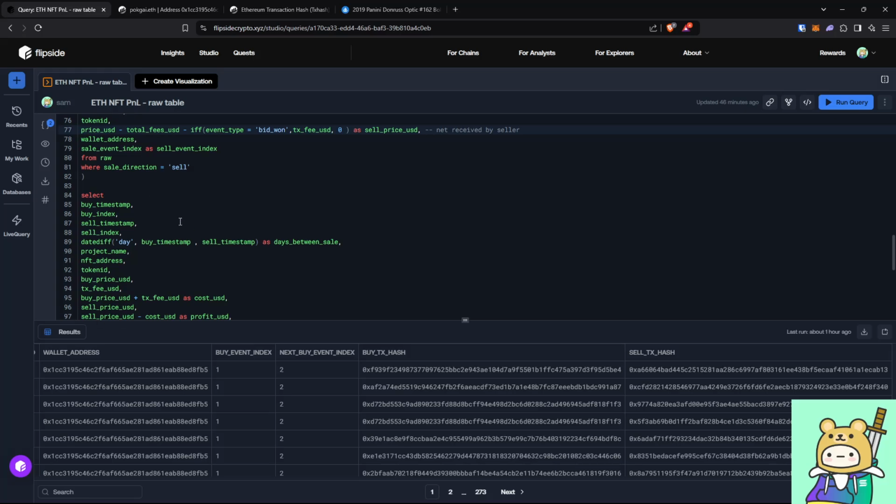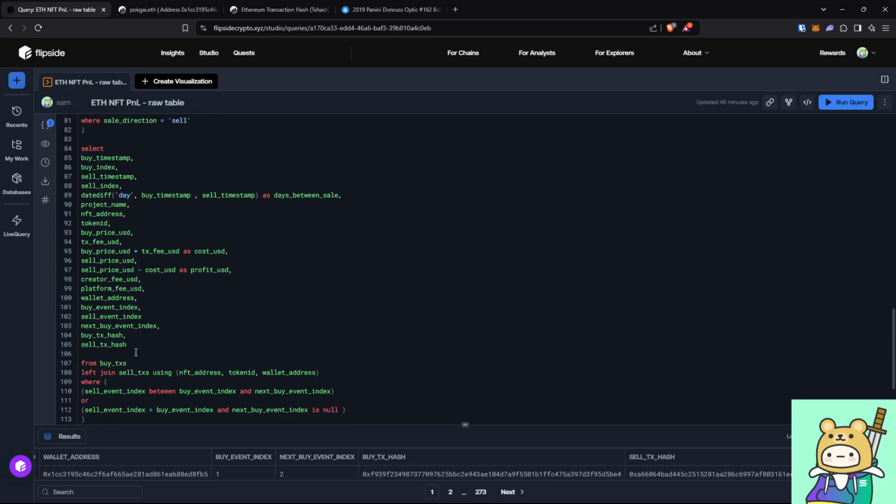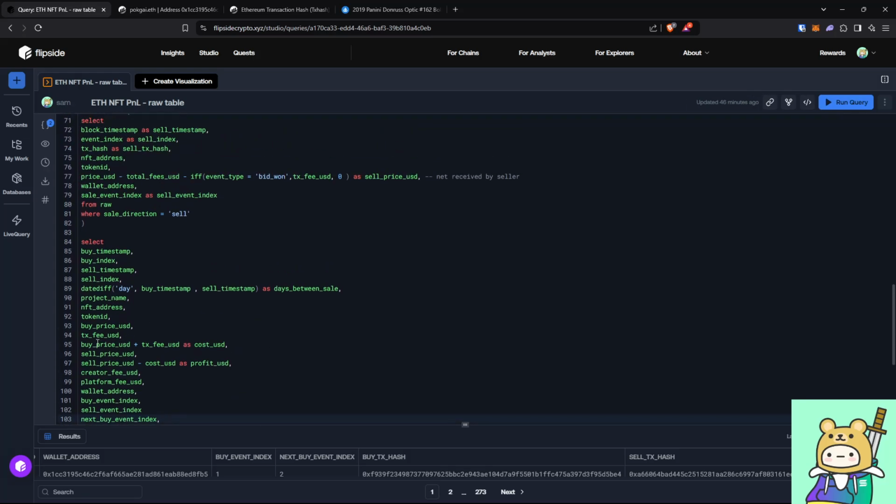And now in my final CTE, where I join both the buy and the sell, I will have a sell price minus the cost, and the cost here would be the buy price plus transaction fees. So when I'm buying the NFT, I pay full price. Right?